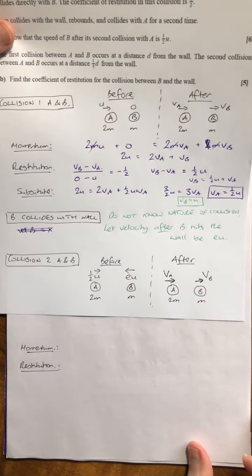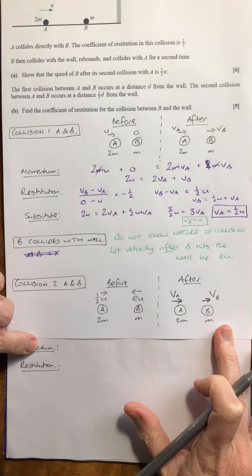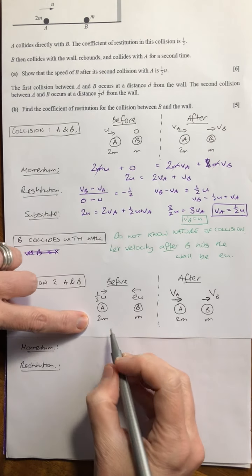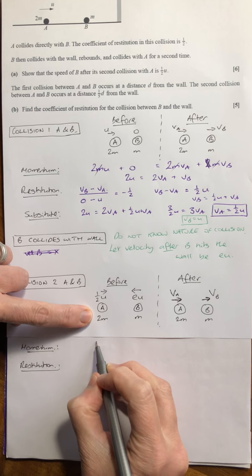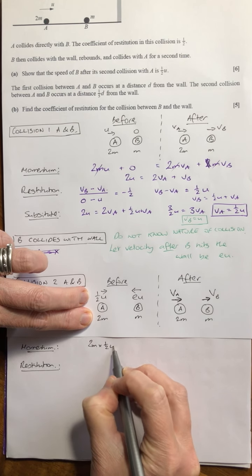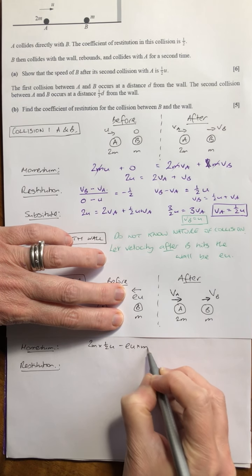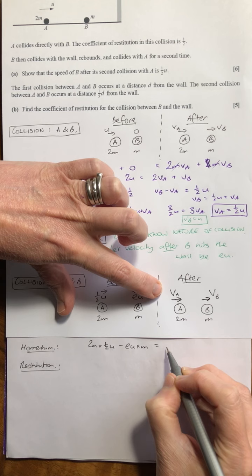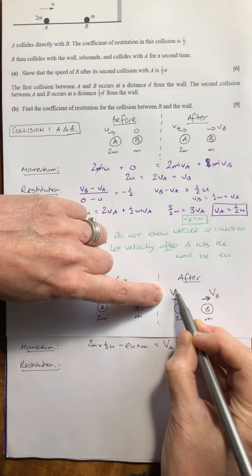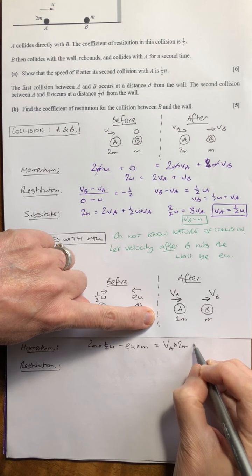I am going to, again, write down my two separate equations. I've got the conservation of momentum equation. So I know that 2m multiplied by a half U, and this is going the other way, so it's negative EU times m, has got to be equal to, now I've tried to differentiate these by drawing bigger V's than there, but I'm not sure how successful that has been.